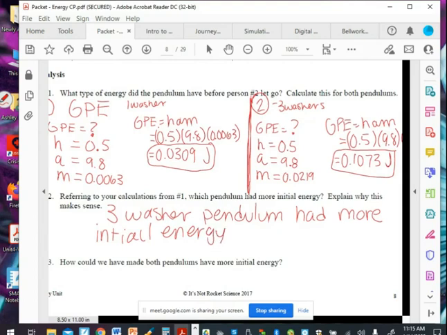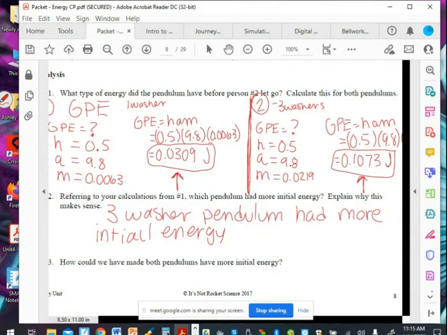And then let's think about why that is. Why is this number higher than this number? Well, look at the equations. Your height is the same, your acceleration is the same. The only thing that's different is your mass. The one with 3 washers is roughly 3 times as heavy as your first data table.